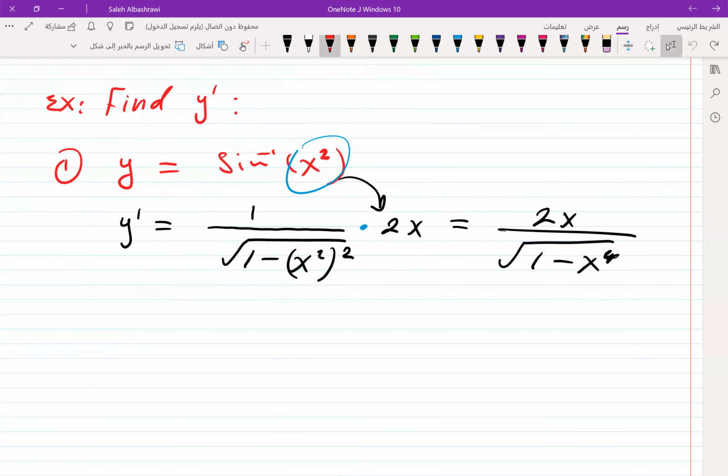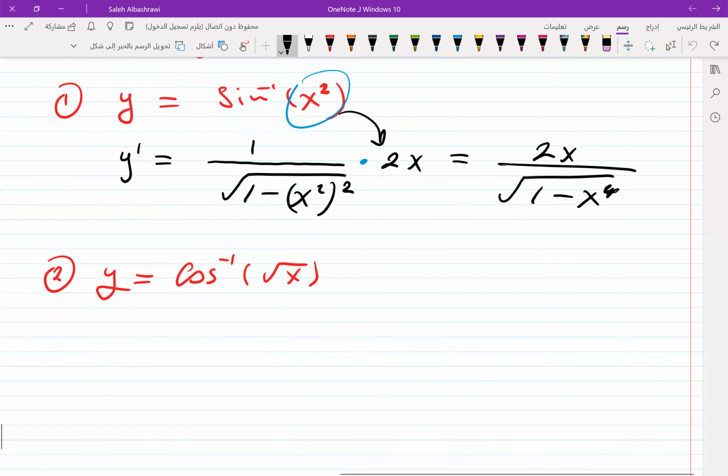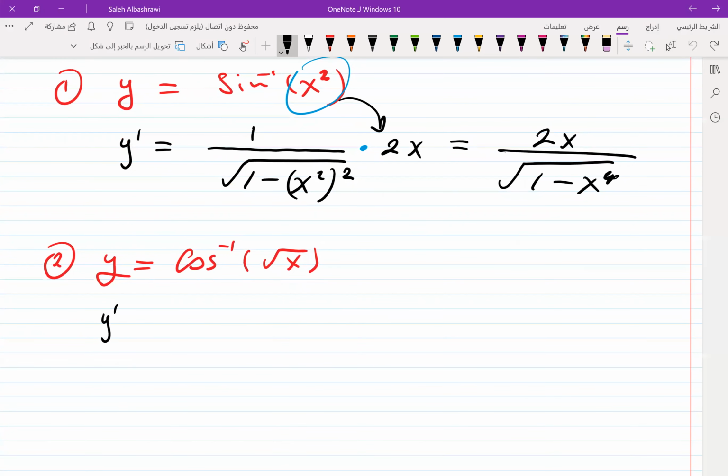Take another one. Number 2. Y equal to cosine inverse of square root of x. Now the derivative, y prime equal to minus 1 divided by square root of 1 minus the angle square, the square root of x all to power 2, multiplied by the derivative of the angle.